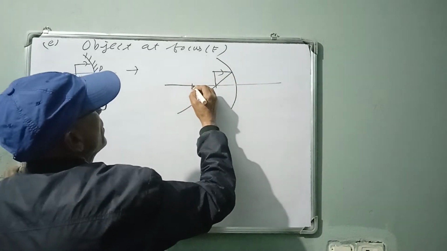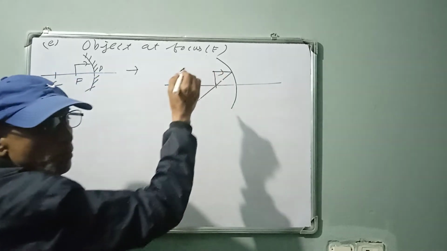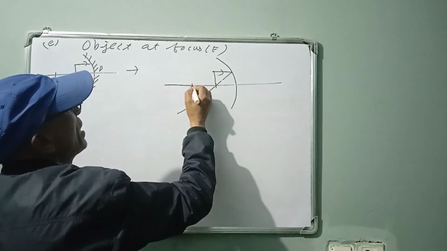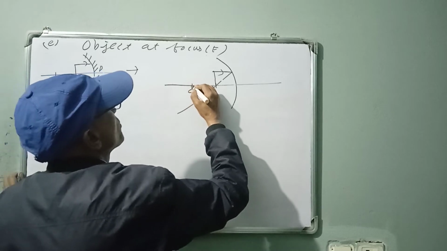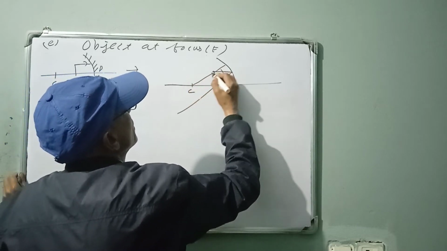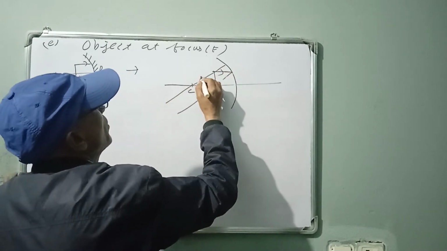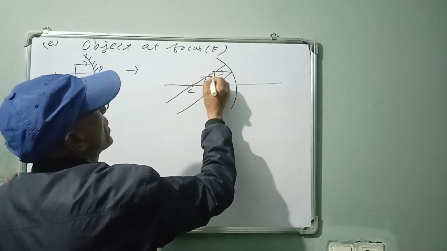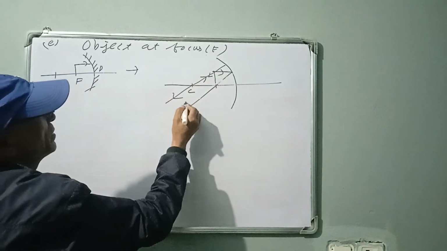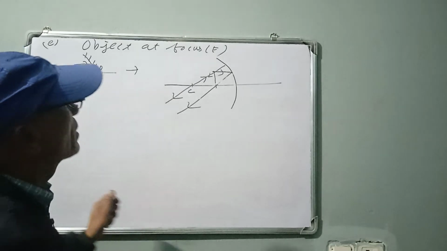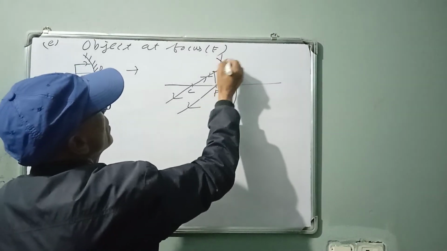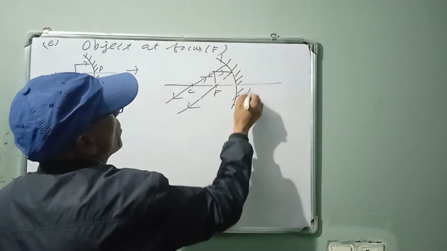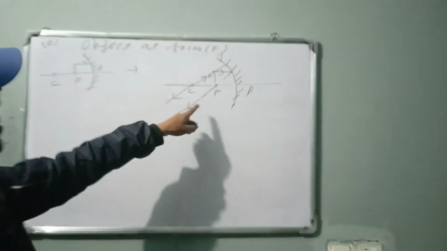Another ray, the upper part of the object and center of curvature should be joined. Then incident ray, reflected ray, they don't meet each other. The two reflected rays don't meet each other. Then what happens? If they don't meet each other, what happens?